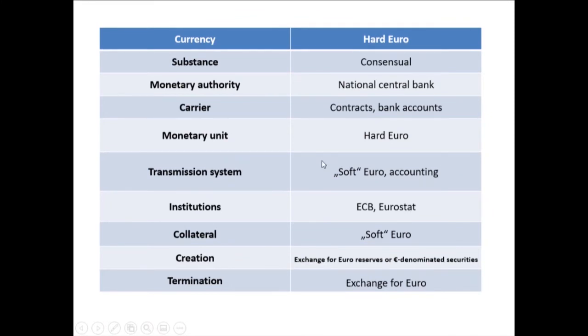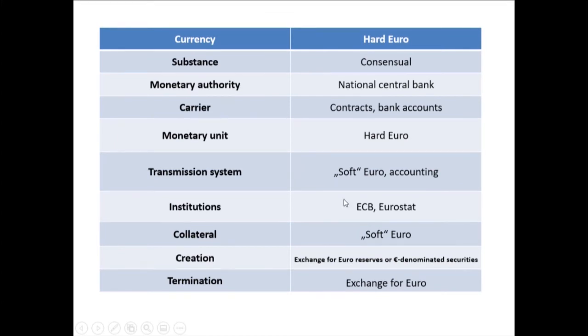So when you want to pay in hard euro, you need to transfer it to the soft euro first, which would happen automatically, but the receiver, in most of the cases, would get the soft euro because that is the medium of exchange. So the transmission system is through the soft euro.